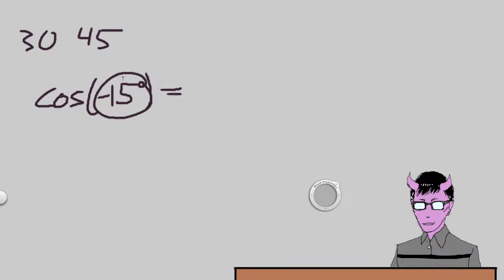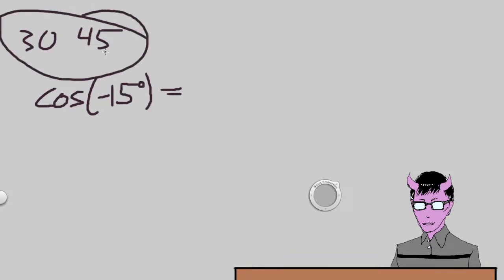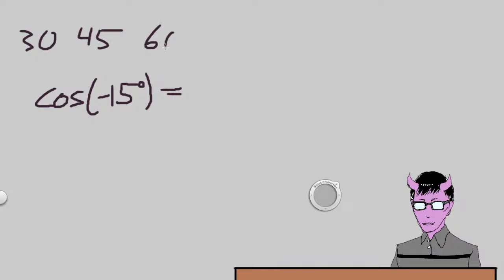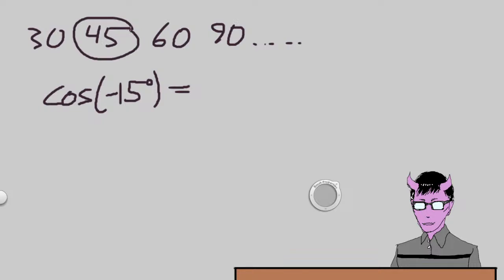If this is not a nice degree, you try to get one of those ones, right? So we can see that 45 minus 30 gives us a 15, but this is a negative 15. So we need to do 30 minus 45. A 5 ending is always a big clue.